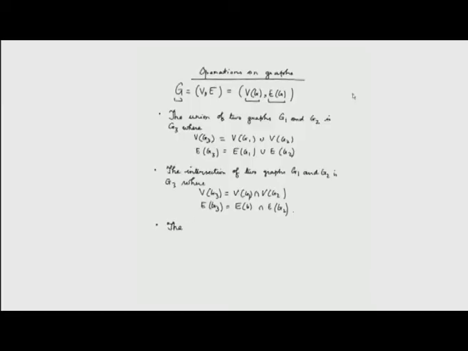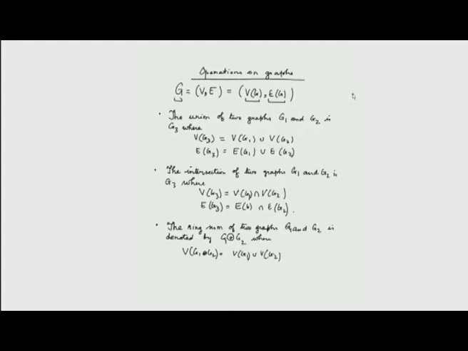The ring sum of two graphs G1 and G2 is denoted by G1 ⊕ G2, where V of G1 ⊕ G2 is V of G1 union V of G2.